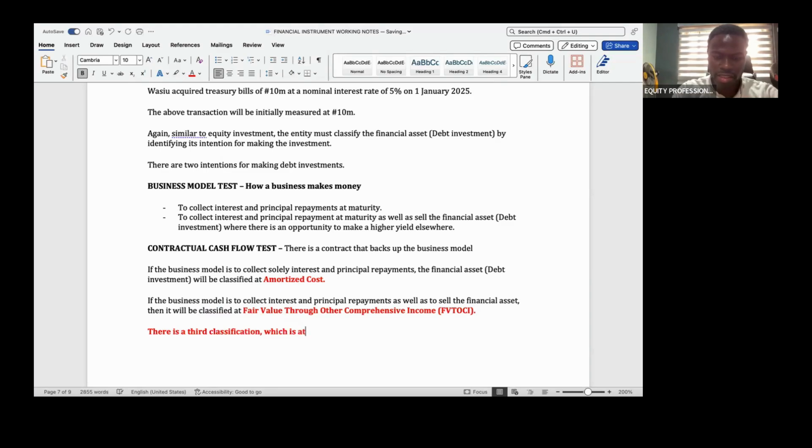There is a third classification, which is at fair value through profit or loss.